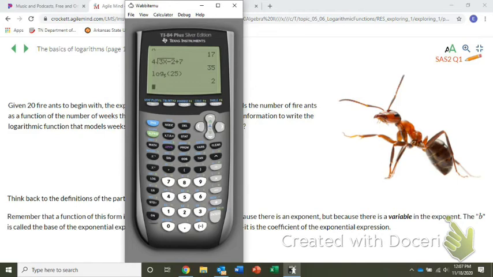Also, another way, alpha, window, 5, brings up the same thing. Type in the same thing, and you get the same answer. So, a couple of different ways.